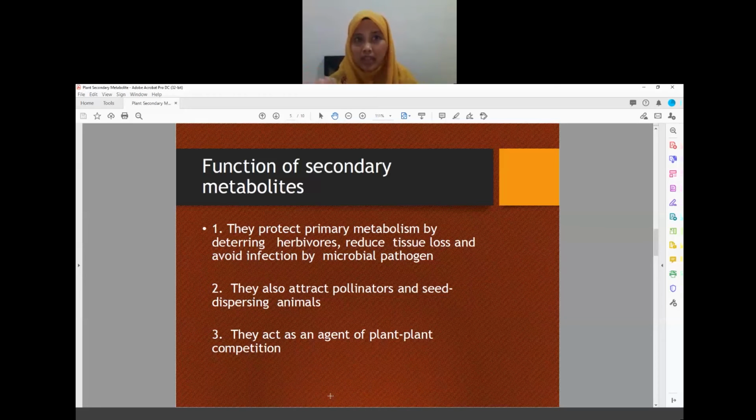Because of the color, we human beings use this secondary metabolite property to color our rice and make it a bit attractive. But from the perspective of the plants, they use this colorful flower to attract these pollinators and also seed dispersing animals.